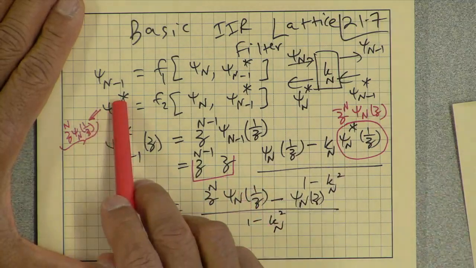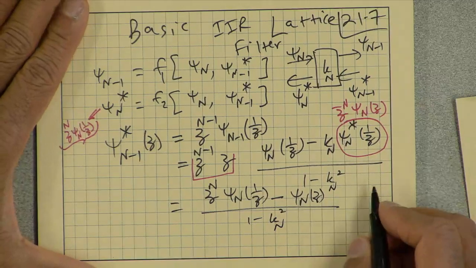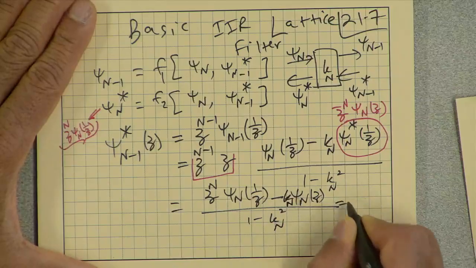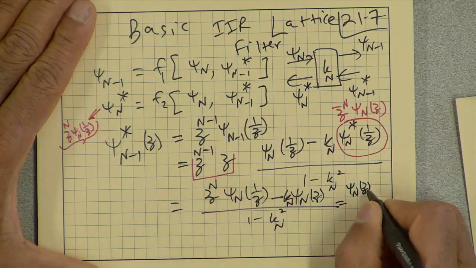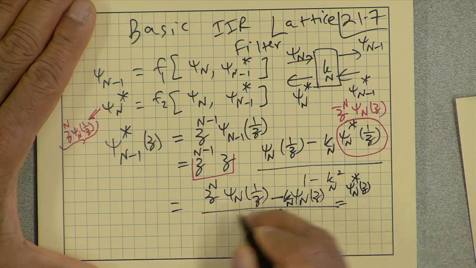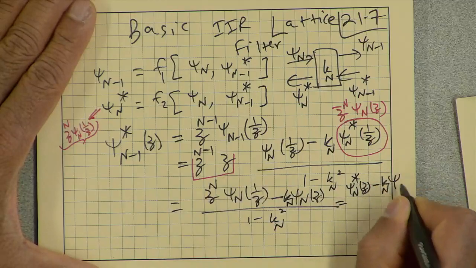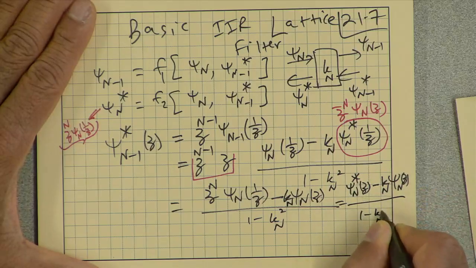This quantity is psi n star. So that is equal to psi n star z, that's the definition of reverse polynomial, minus kn psi n z by 1 minus kn squared.